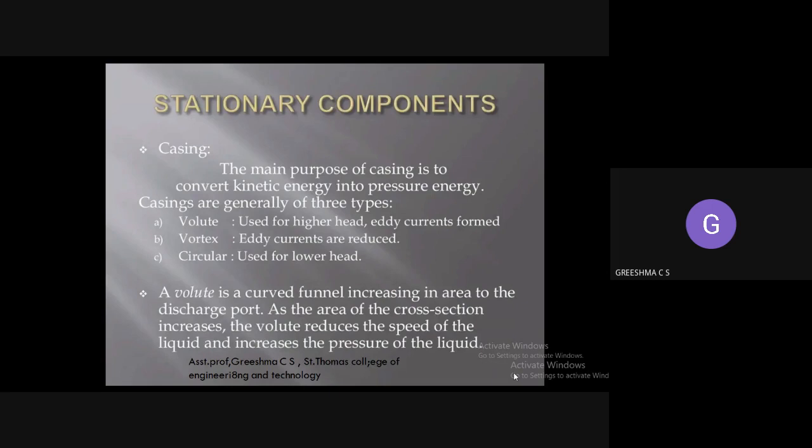What is the advantage of this? A large amount of water can be pumped to a greater height. If the water has a high pressure energy, it can be pumped to larger heights.